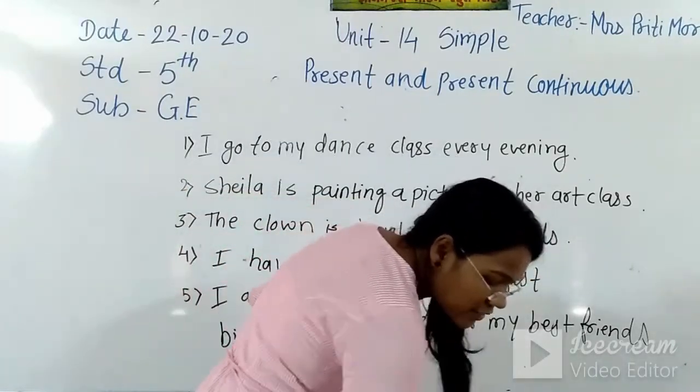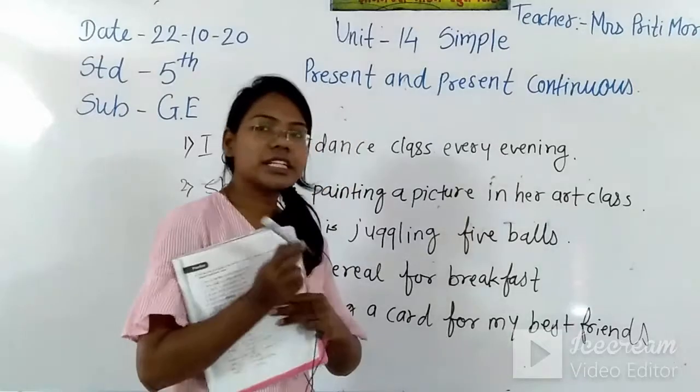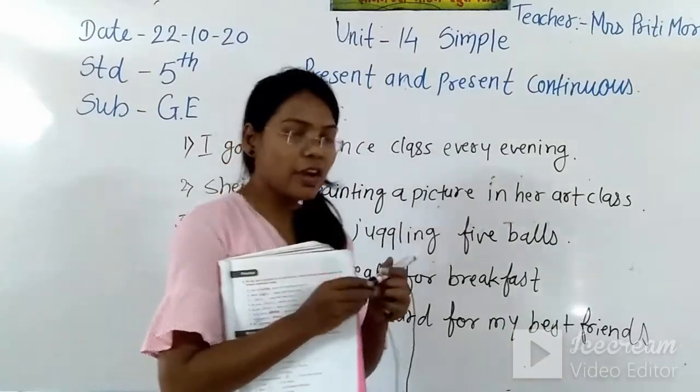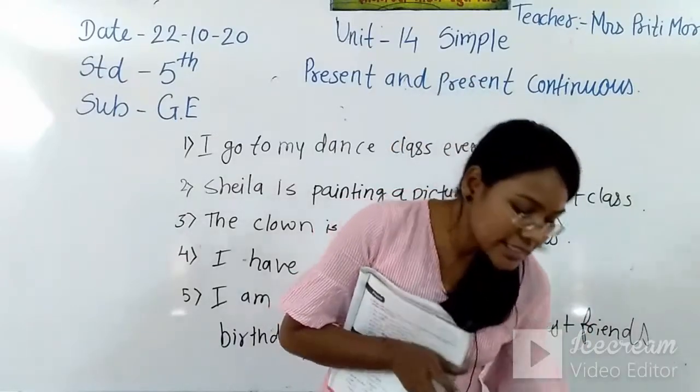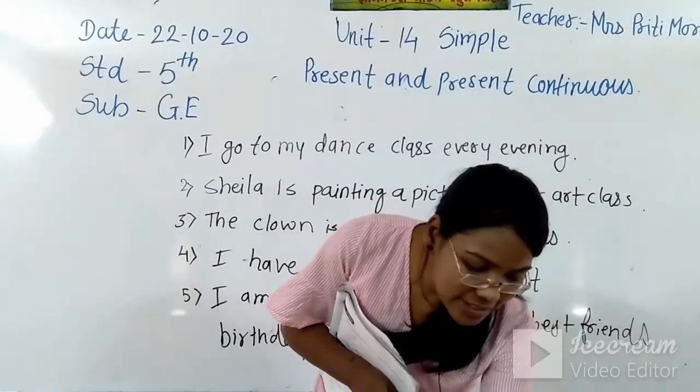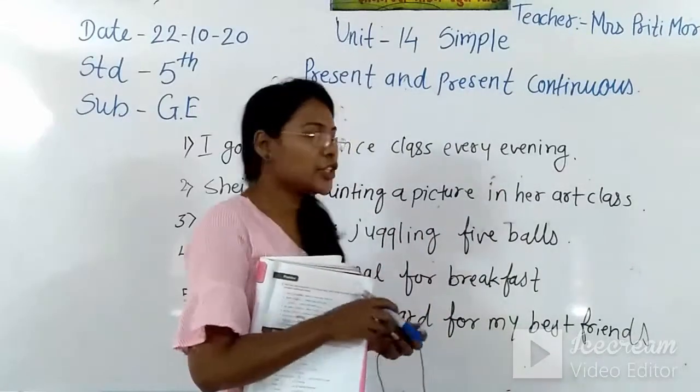Now these 5 sentences are there in your textbook and the same sentences I have written on the board. Now let's identify whether the sentence is in simple present or present continuous tense.